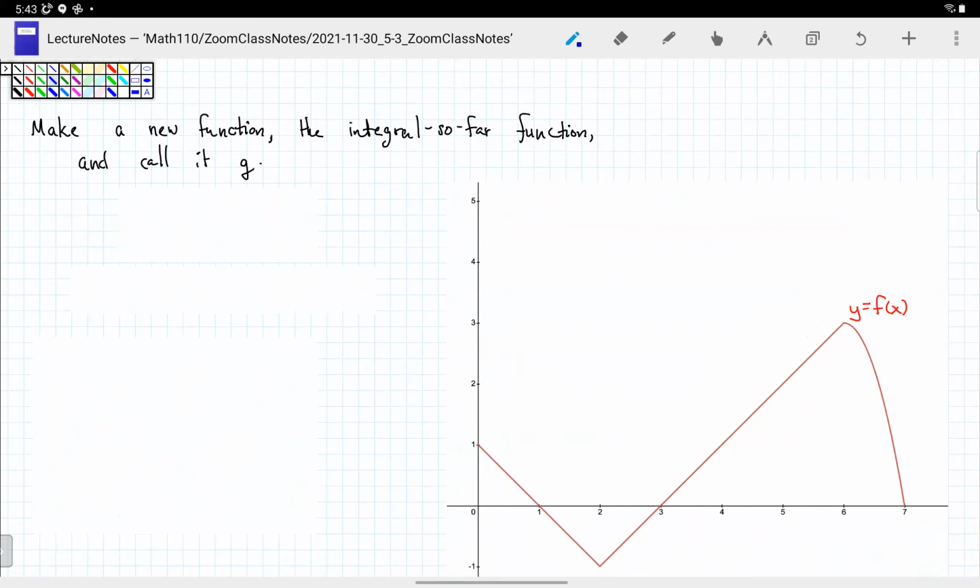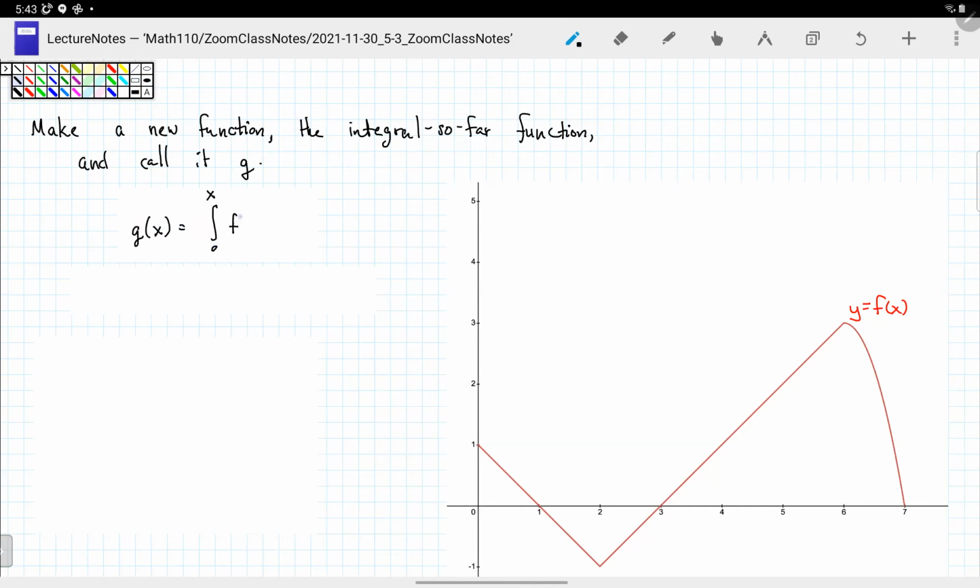Our g takes an input value x, and the value of g is the integral of f from 0 to that input value x. So g takes an input value x, and it takes the integral from 0 to x of f.